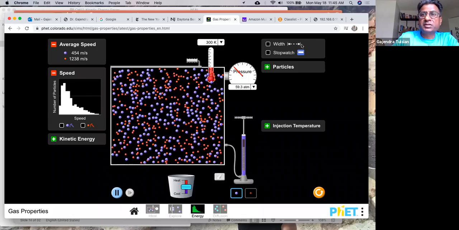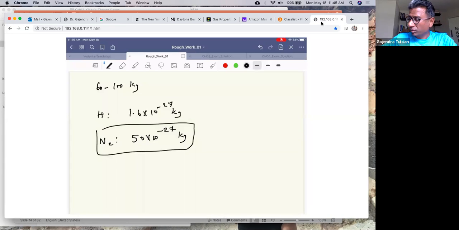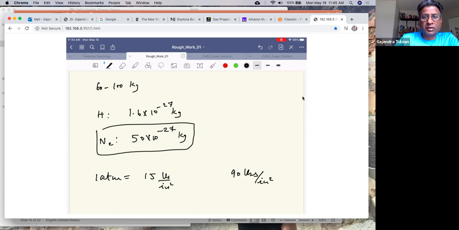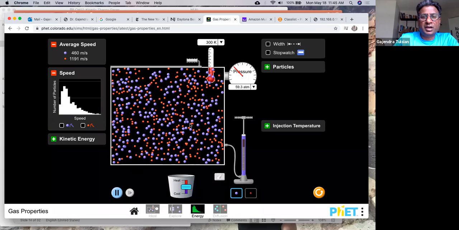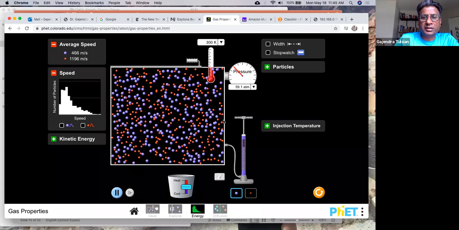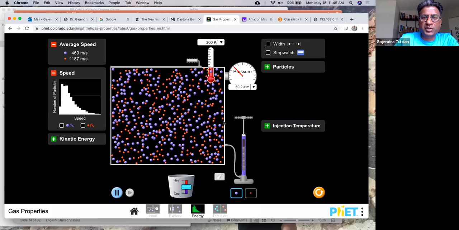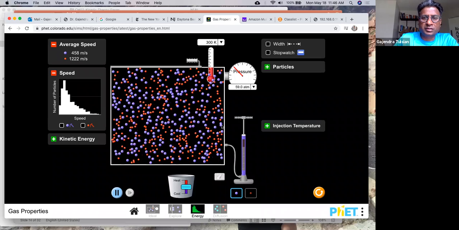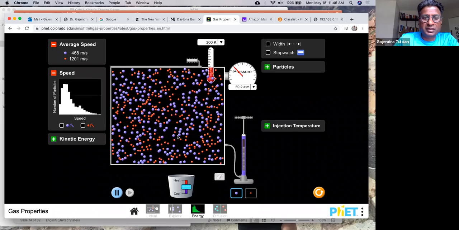One atmosphere is 15 pounds per square inch, so 60 atmospheres would be 60 times that, 900 pounds per square inch, roughly. So these tiny molecules, by bouncing off the walls, are exerting a force equal to the weight of a person on every square inch of the walls. That's pretty amazing.